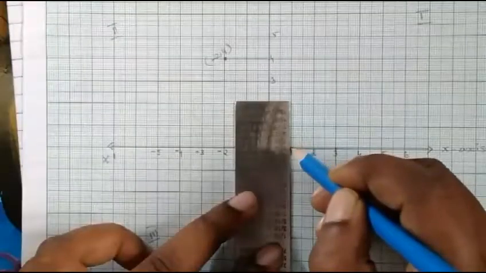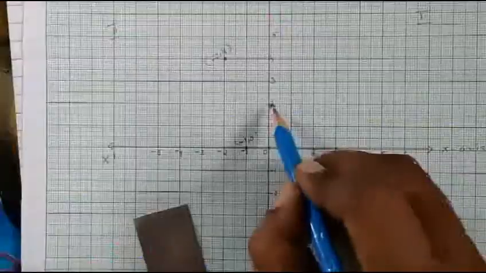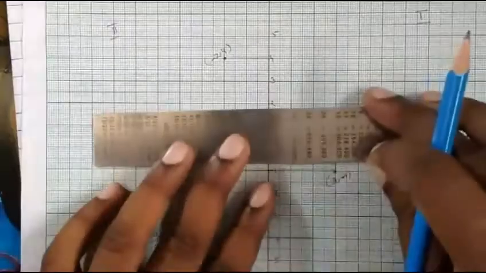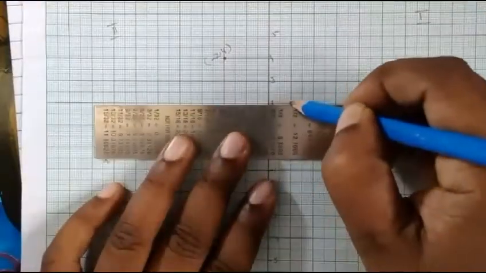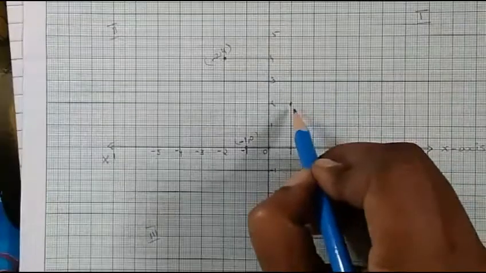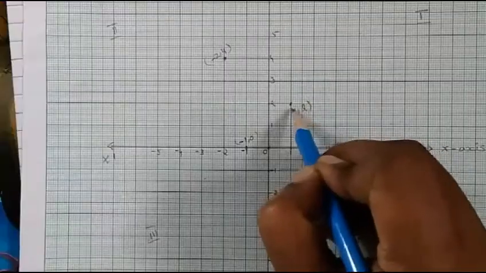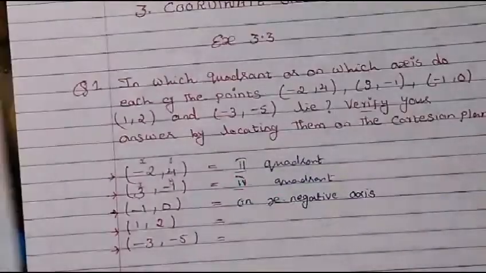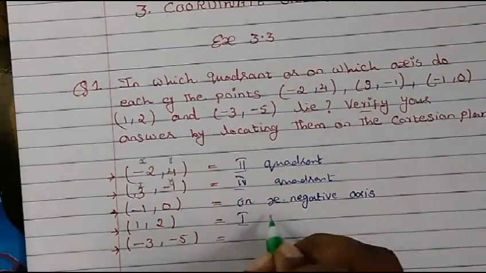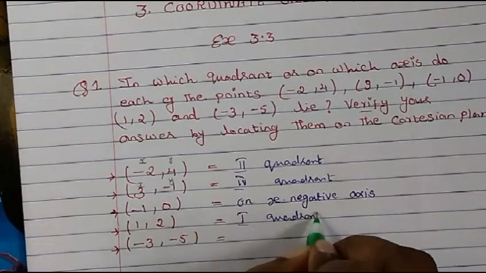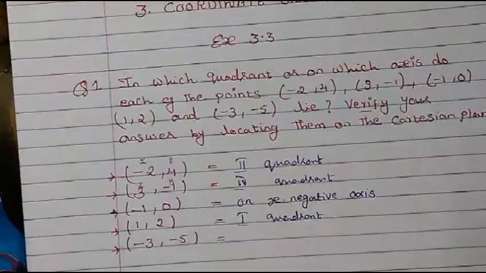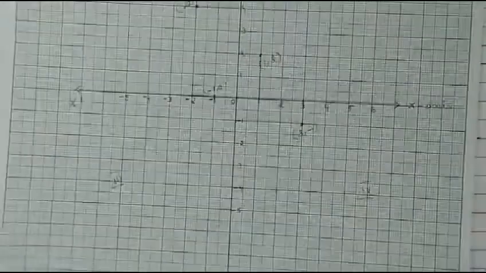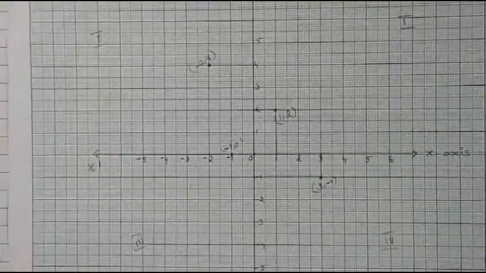So from 1 we draw the line, and for y it is 2, so from 2 we draw the line, and it is meeting at this point, and this point is 1 and 2. So where is it lying? It is lying on the first quadrant.